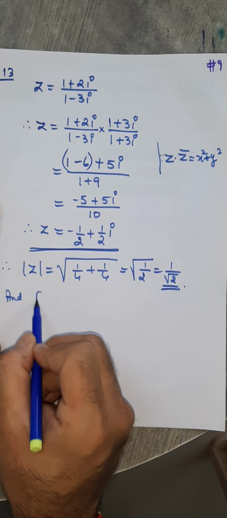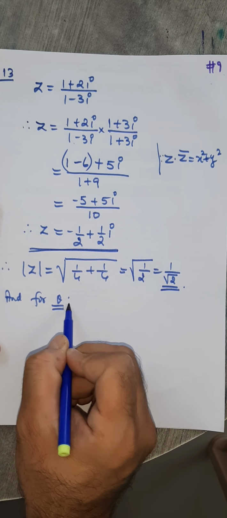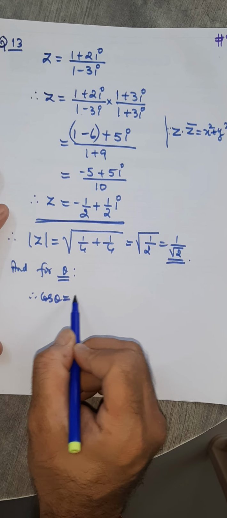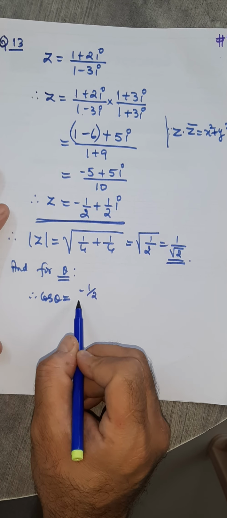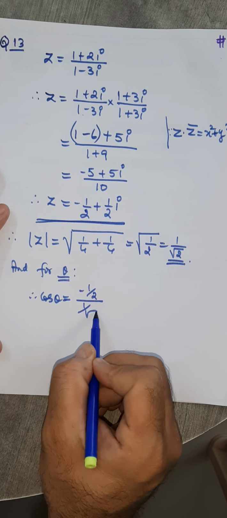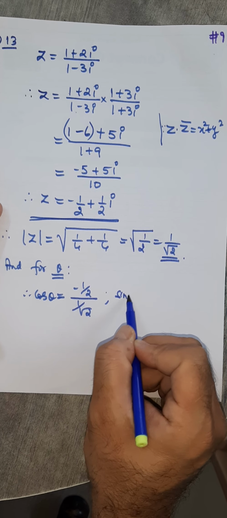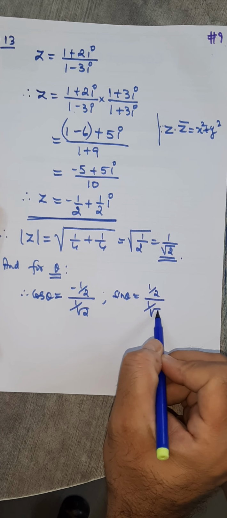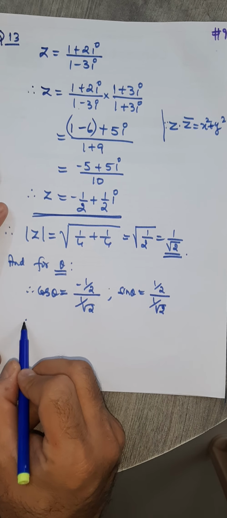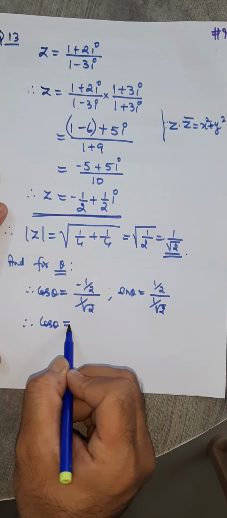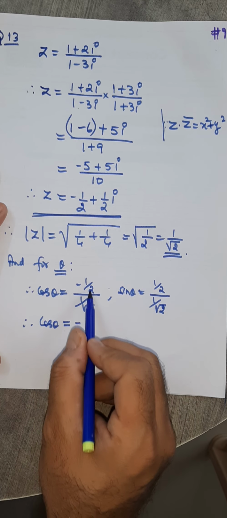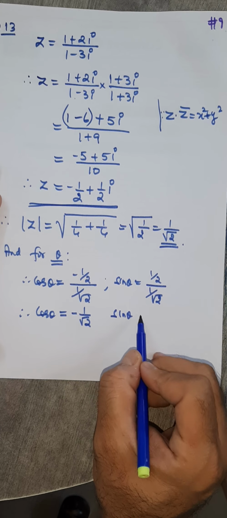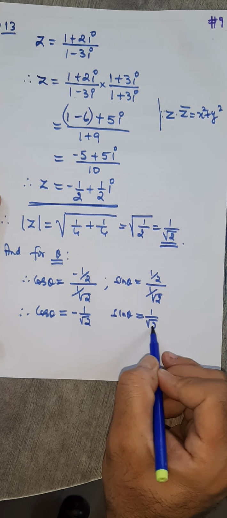And for theta, we use this relation cos theta equals to x by r, minus 1 by 2 upon 1 by root 2, and sin theta equals to y by r, 1 by 2 upon 1 by root 2. So therefore cos theta will be here, 1 root 2 will get cancelled, so we are left with minus 1 by root 2, and here sin theta equals to again 1 by root 2.